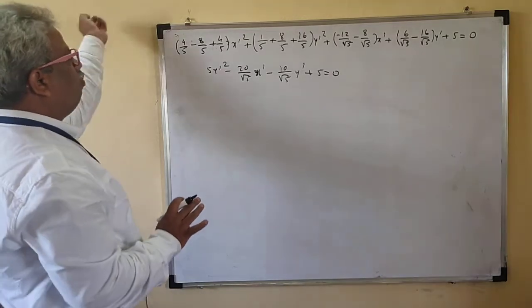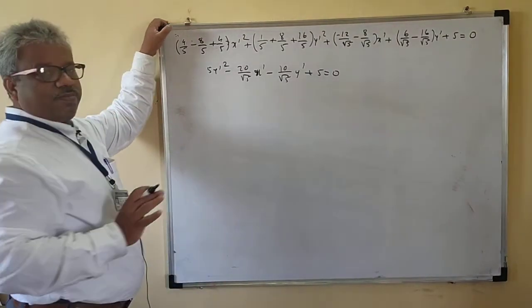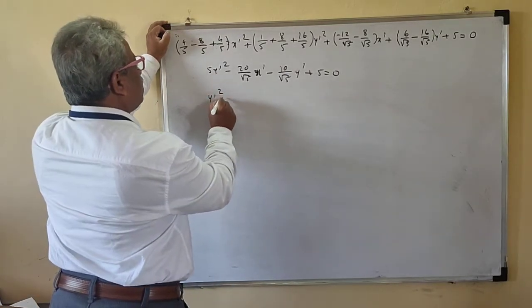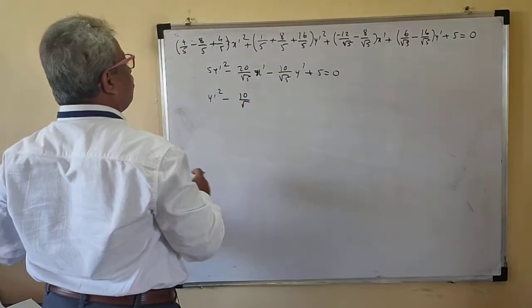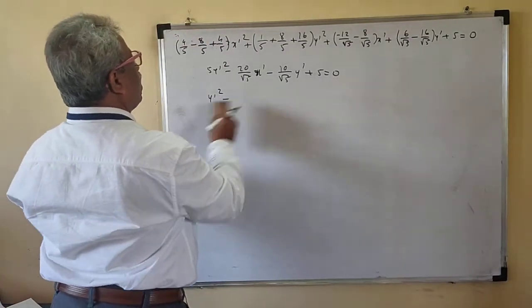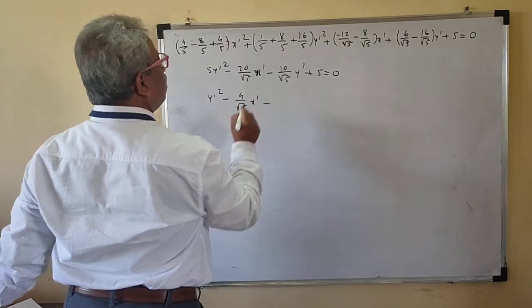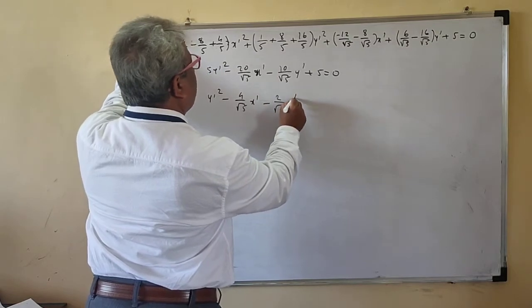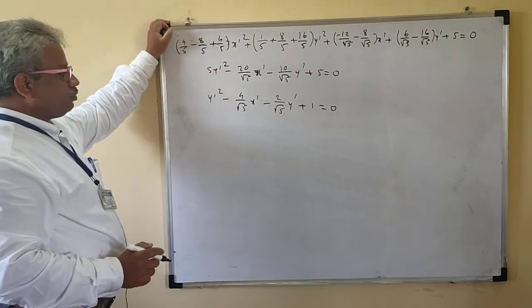I will divide by 5, no problem, because each term contains 5. So for simplicity, removing 5, this is 4 by root 5 x prime minus 2 by root 5 y prime plus 1 is equal to 0.